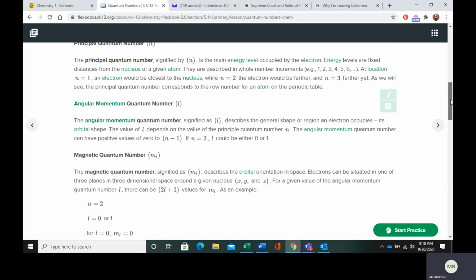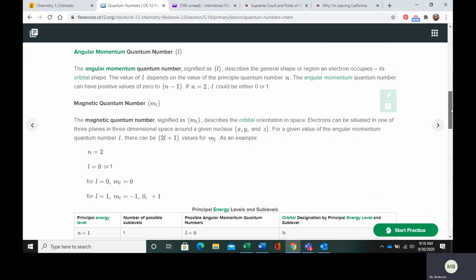Angular momentum. This is L. Okay? This describes the general shape or region an electron occupies. So it describes the orbital shape, the shape of the orbital. And we'll be getting into the different orbital shapes later on. So the value of L, sorry, is going to depend on the value of n.